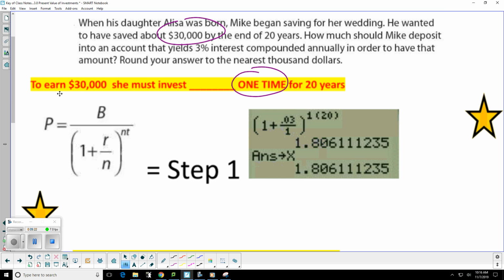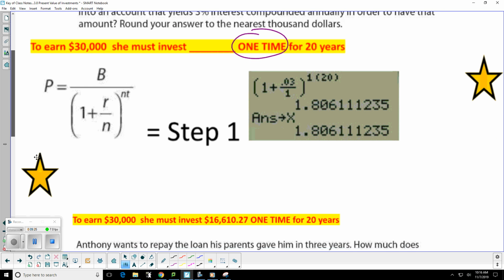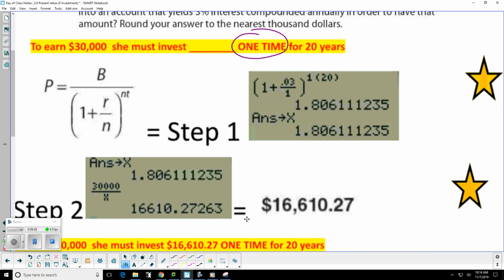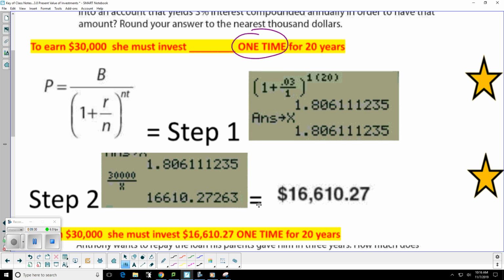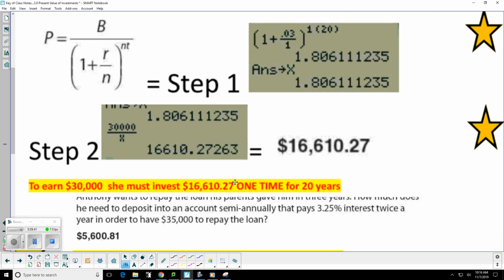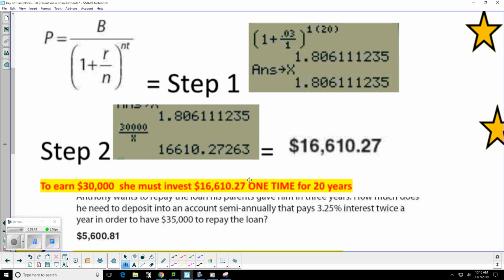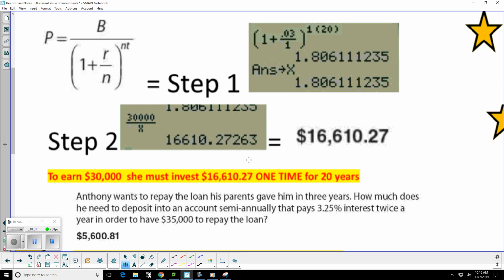In our second step, we simply take the investment of $30,000 and divide it by that X. And in this case, if I'm doing this for 20 years, I need to be putting $16,000 away every month to get to the $30,000 mark.